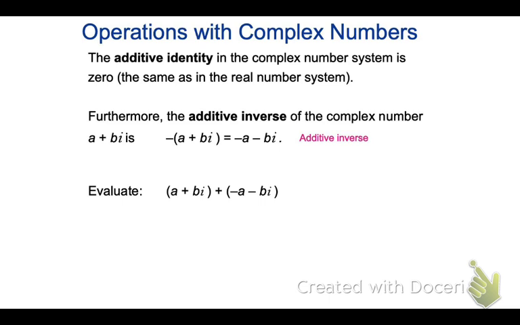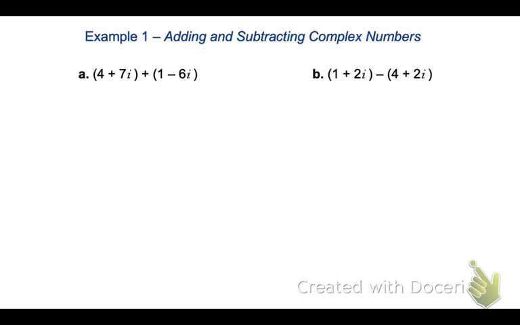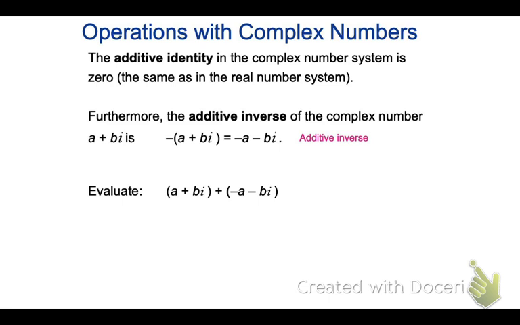Okay, additive inverse. It's the same thing when I solve. If I have A plus BI, the additive inverse is distributing a negative. That's all it is. If I have A plus BI plus negative A minus BI, so it'd be A minus A, correct?